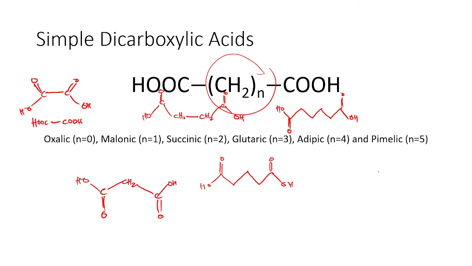And for pimelic acid, 5 yung nasa gitna. 1, 2, 3, 4, 5, 6, 7. So you will have here your OH and your OH. Dalawang carboxyl group lagi sa bawat terminal side ng ating mga simple dicarboxylic acid.